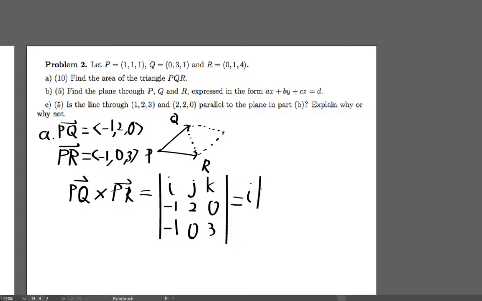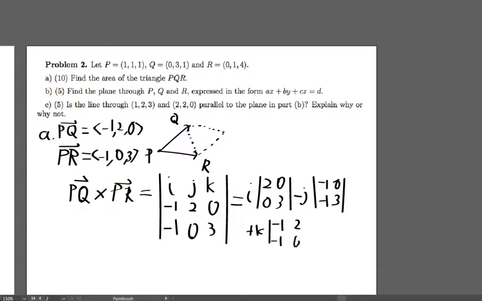So i of the determinant of (0 3; 0 3)... I'm so sorry, but this is something that I need to do. Subtract this by j of the cross product (-1 0; -1 3), lastly plus k of the cross product of (-1 2; -1 0).